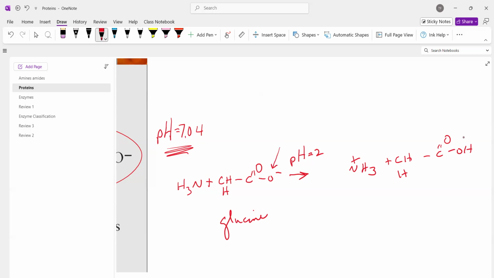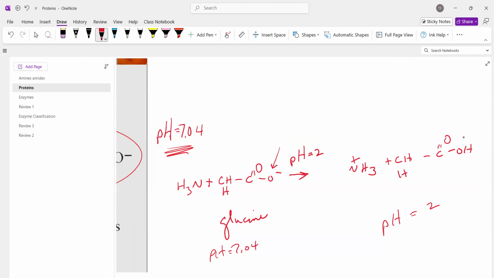In pH 7.4, so this is pH 7.4, this would be pH 2. So we need to be comfortable describing amino acids in different pHs.